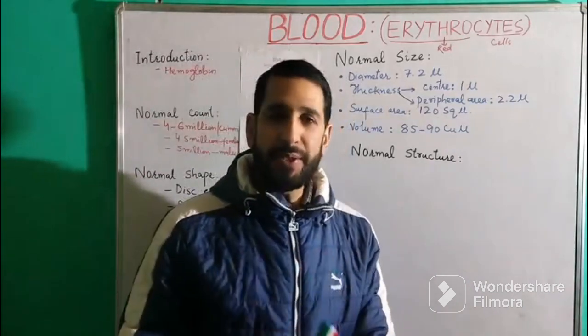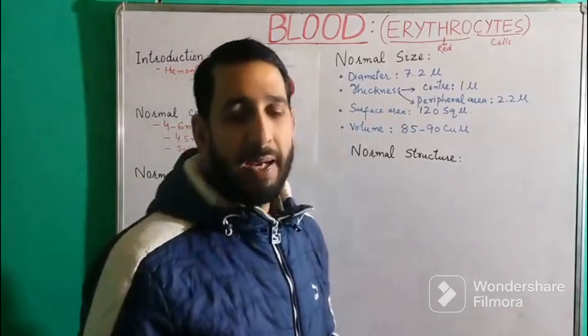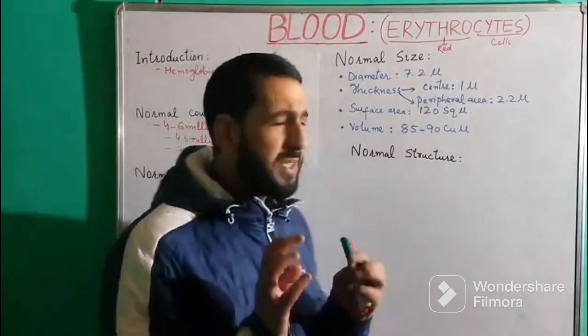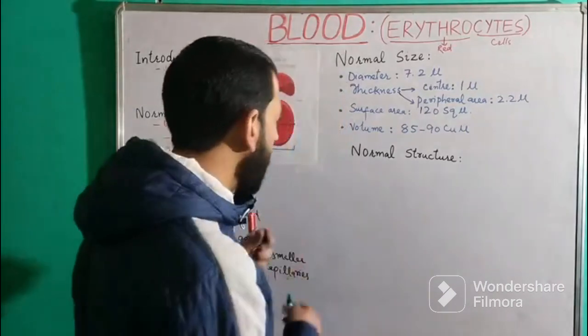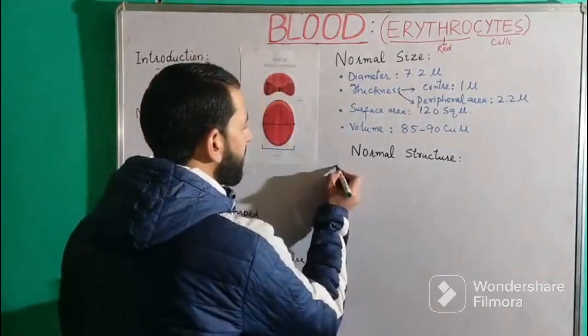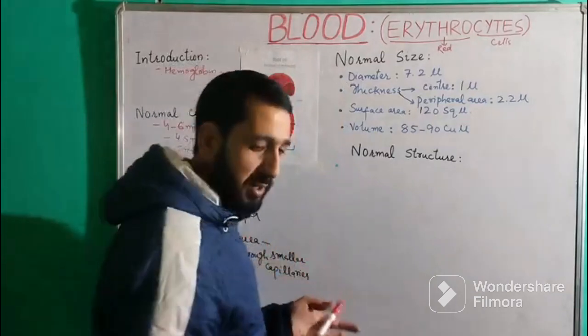Now in normal structure, I have already told you that these RBCs are non-nucleated cells. The first thing you have to remember in the normal structure is that these are non-nucleated cells.